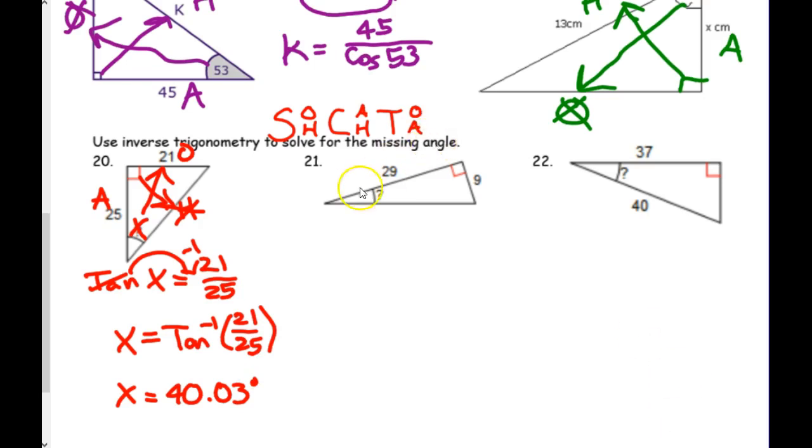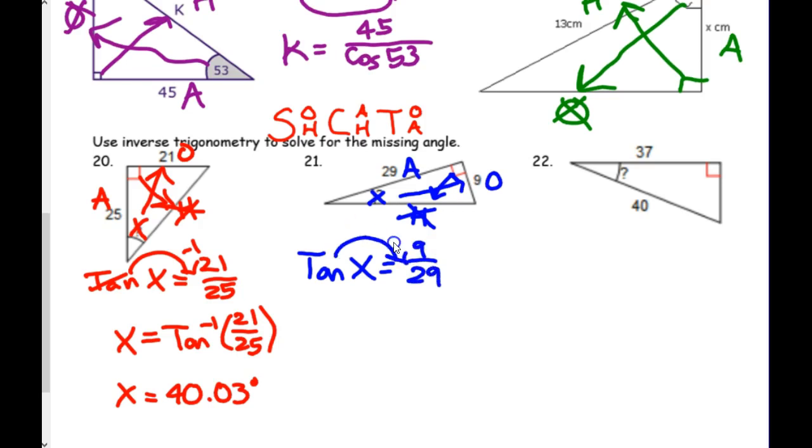Same process over here, so my missing angle is X. I label O, H, and A. H is not needed, so OA is TOA, tan again. So tan X equals O over A, 9 over 29.